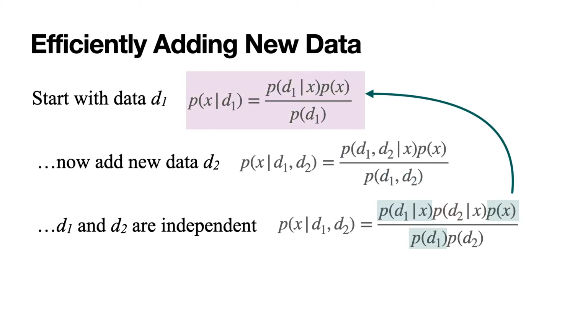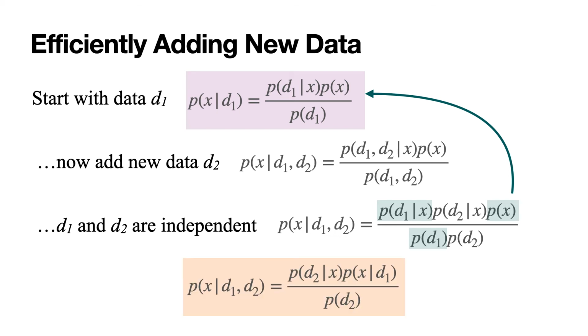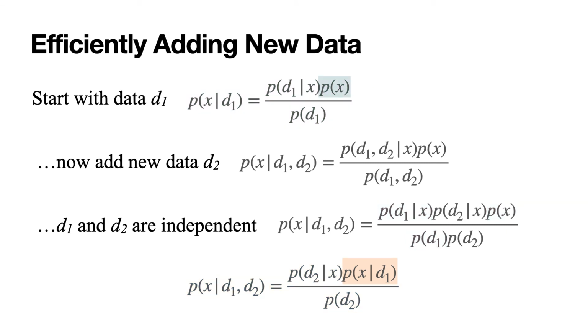And here we can see that the ingredients of the posterior on D1 appear in the joint posterior for D1 and D2. That means we can rewrite this joint posterior as shown on the bottom, where now the role of the prior in the analysis of the data containing D2 is played by the posterior from the analysis of D1. In other words, we are using yesterday's posteriors as today's priors to avoid having to reanalyze the data.